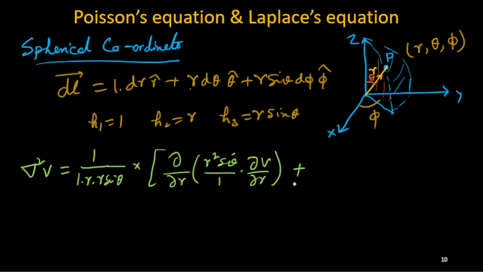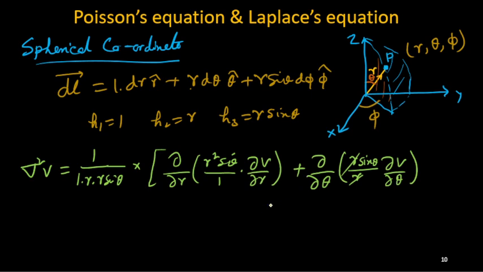Plus the next term is with respect to theta, del theta, where the factor is h1 h3 over h2, so 1 into r sine theta by h2, which is r, so r will cancel out, into del V del theta. And the last one is with respect to phi, del phi. What is the factor here? h1 h2 upon h3, so 1 into r in the numerator, and in the denominator r sine theta.